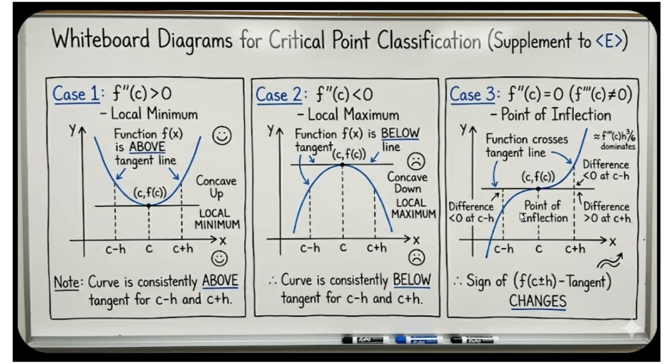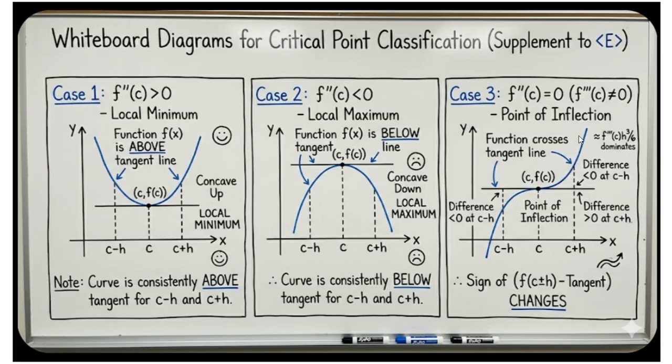This is how we can understand the things. Again, if the fourth order derivative is also 0, then the difference is dominated by the fifth order derivative, and again you can get the point of inflection. For odd order derivatives, you can get a point of inflection.